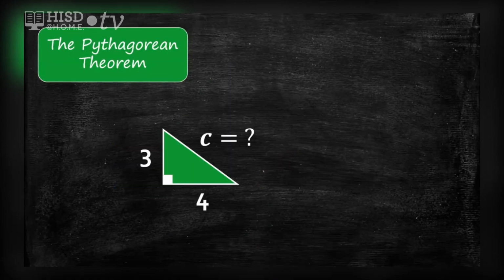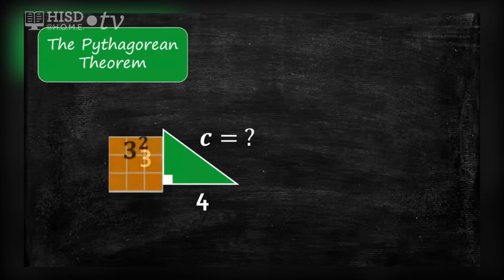Now let's look at a problem in order to see how the Pythagorean theorem works. We have this right triangle that says that one of the sides is equal to 3 and the other side equals 4. And we want to know how much is c, or the hypotenuse. So we said that in order for us to be able to find the hypotenuse, I have to find the area of the square that is given by the side 3.